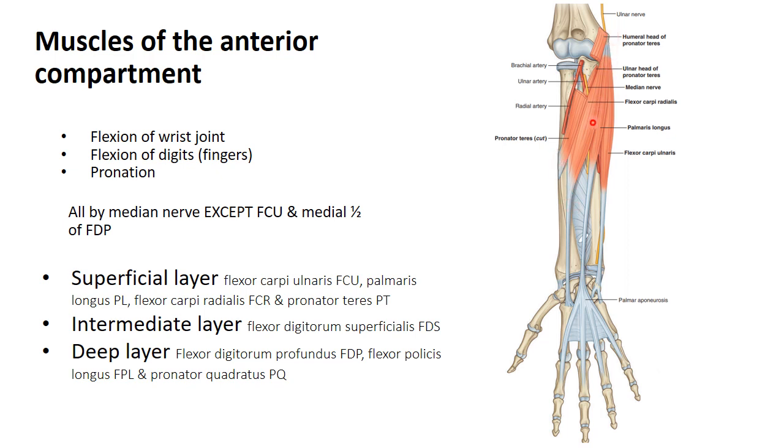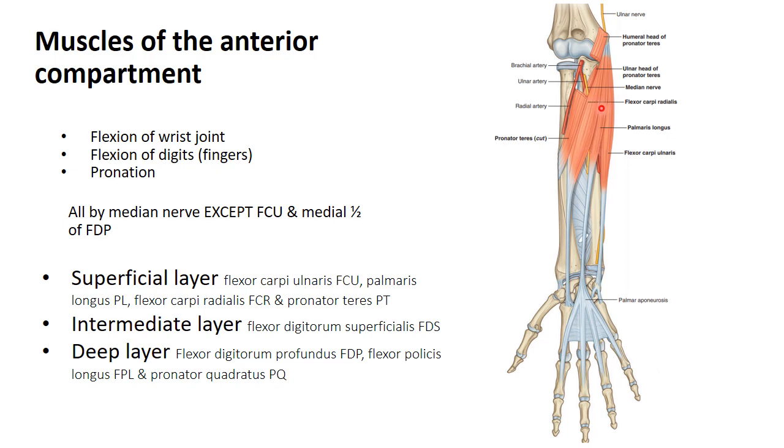The muscles of the anterior compartment either flex the wrist or the fingers, or they pronate the forearm at the proximal and distal radioulnar joints. This is number one. Number two, all the muscles of the anterior compartment are supplied by the median nerve except 1.5: one muscle, flexor carpi ulnaris, and the medial half of flexor digitorum profundus, both supplied by the ulnar nerve.